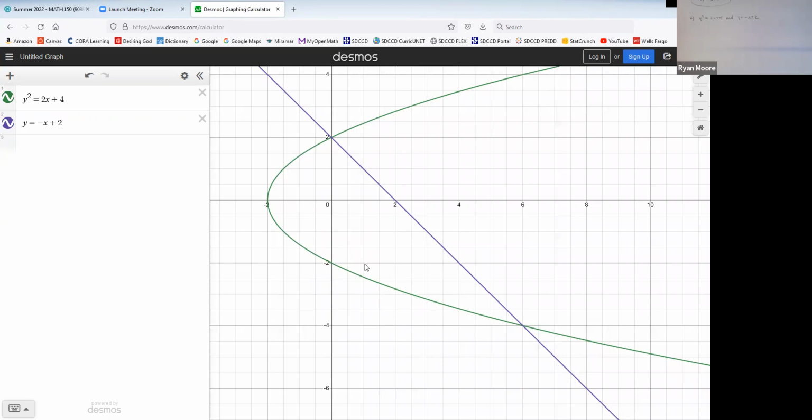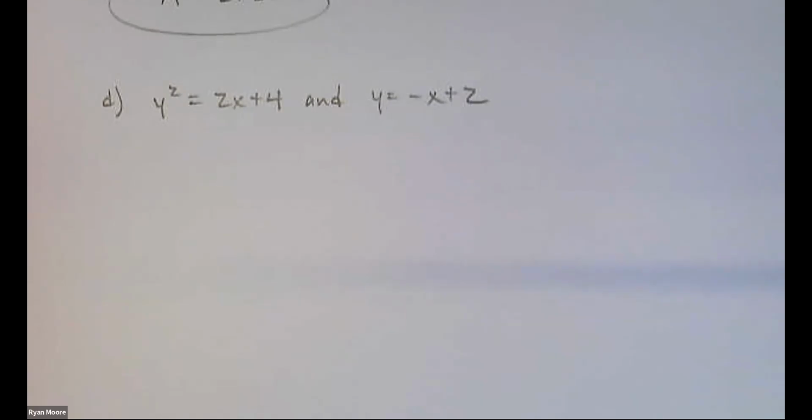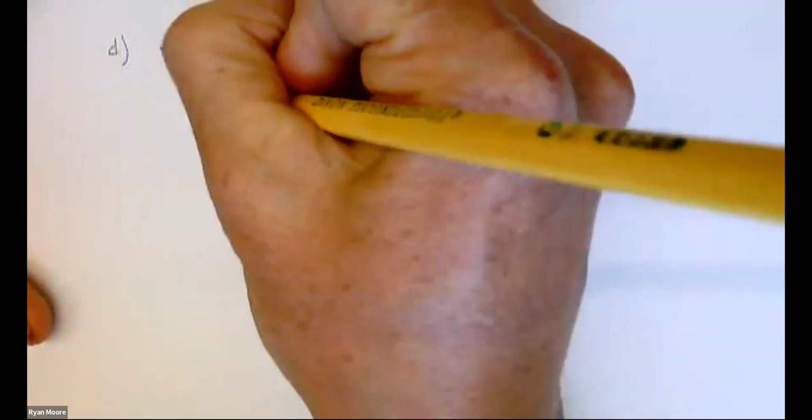So here's our region. Again, we don't have any vertical lines, or we're not told outright where to start and stop our integral. So we've got this kind of thing happening. Here's where they intersect. Okay, let me graph that on paper, and we'll talk about how we're going to do this.